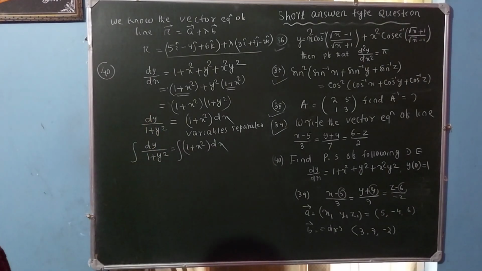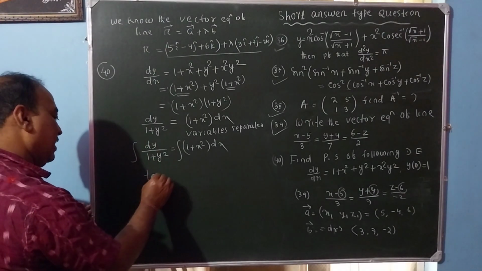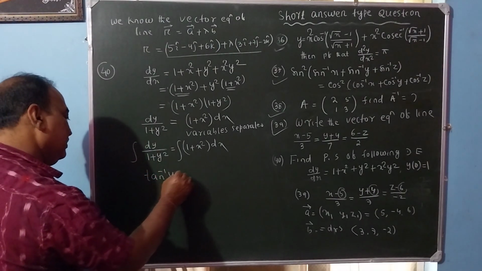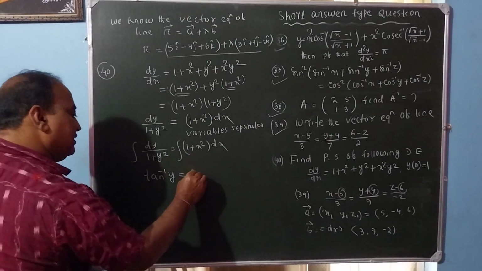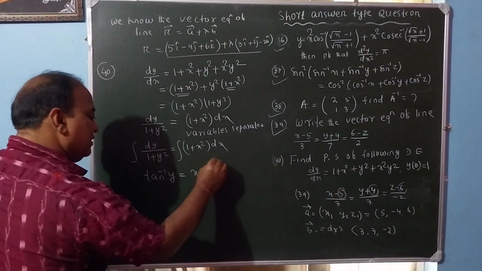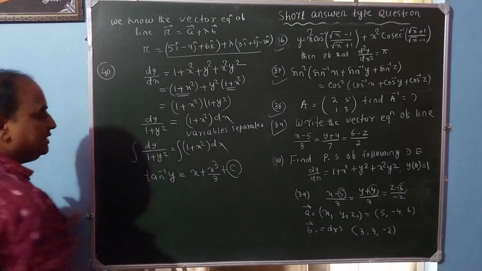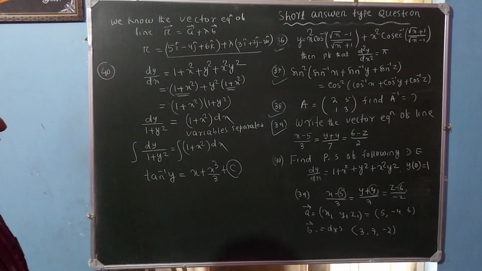Integration of dy by 1 plus y square is tan inverse y. Integration of dx is x. Integration of x square dx is x cube by 3, plus c, where c is the constant of integration.